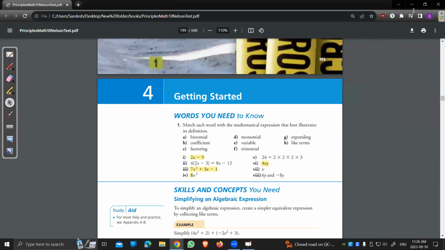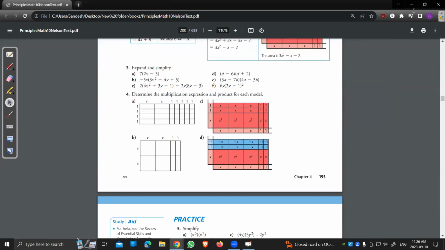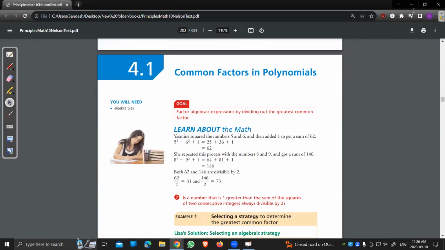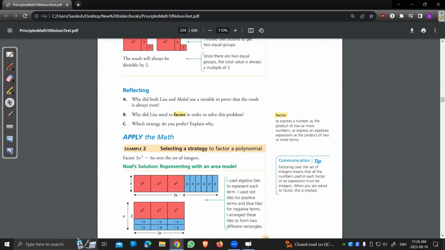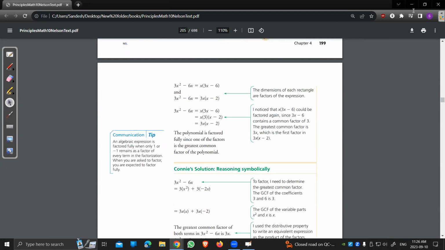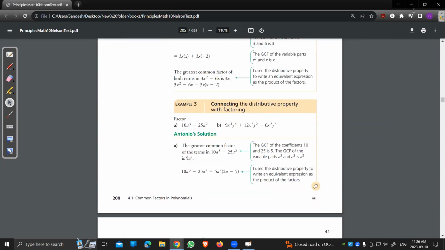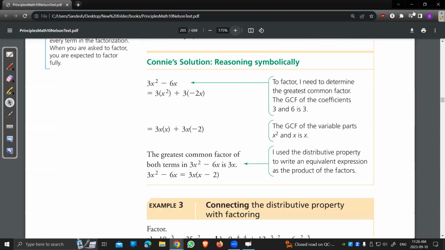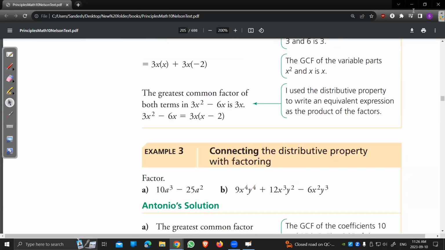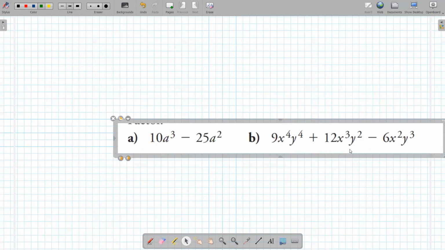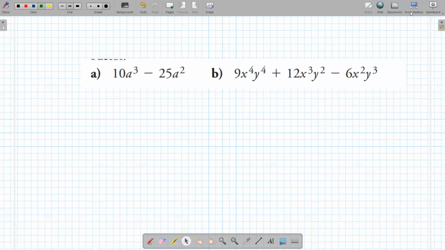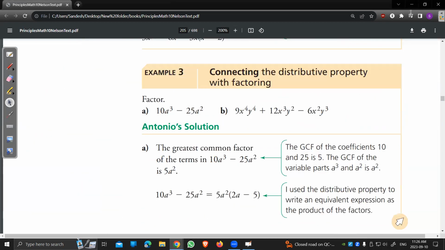The next part is pretty simple as well. We're just factoring things. Let's see if there's any interesting topics here at all. So this is just GCF, right? We're just factoring out GCF. They've done it with tiles, but that's not really practical. I'm going to ignore that, because no one's drawing like 20 tiles to pull out nx squared.